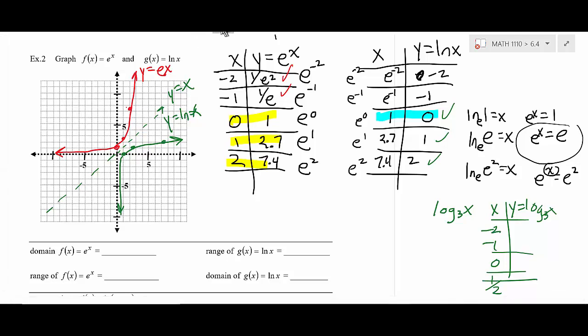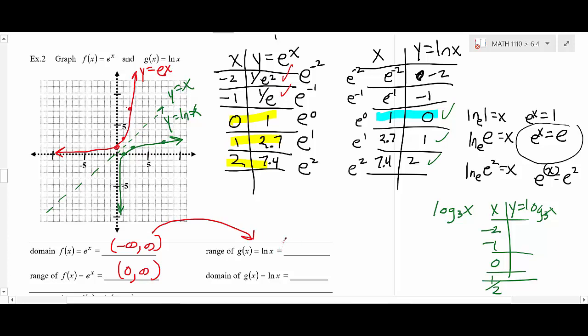Now let's fill this part out here. So e to the x is the red graph. What does it look like the domain of the red graph is? That's all real numbers, good. What does it look like the range of the red graph is? 0 to infinity, good. So remember, the domain of the function turns into the range of the inverse.